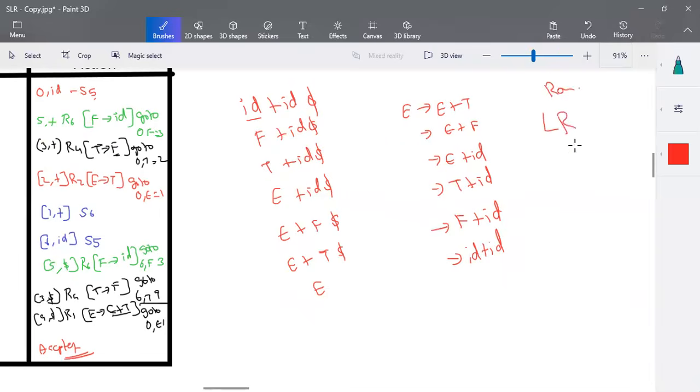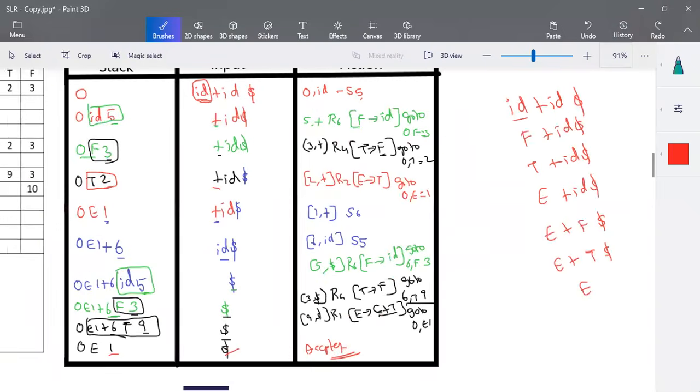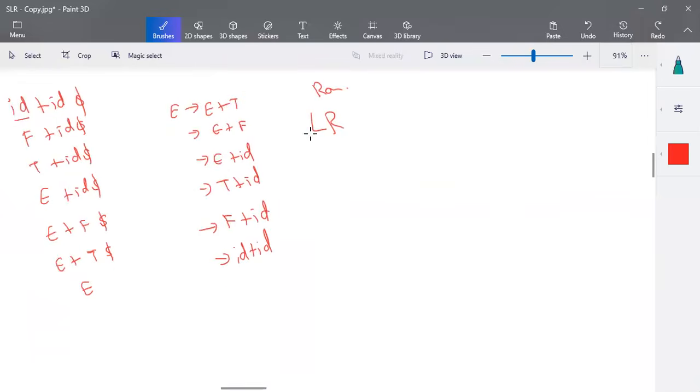That is why we use this LR parsing technique. Okay, so L is to scan the input from left to right. See here, we are going to scan the input from left to right, one element at a time. And that is the reason for this L. And we are going to use rightmost derivation in the reverse. Okay, so that is the meaning for this R.